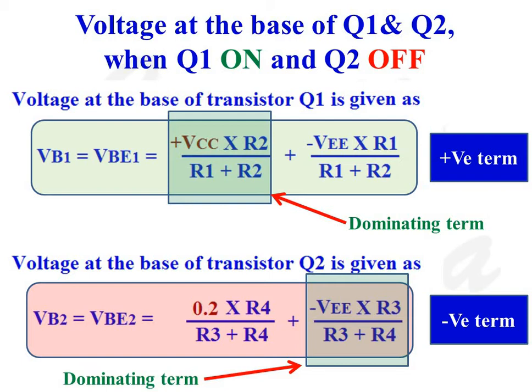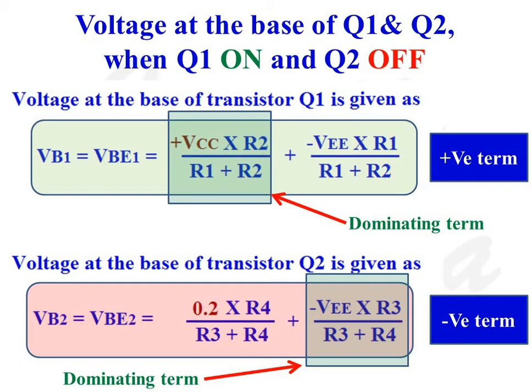This term is a positive term and its value is more than 0.7 volt. That is why transistor Q1 is in the on condition. So here we can say that the first term is the dominating term. So the second term, minus VEE into R1 divided by R1 plus R2, is much lower than the first term.